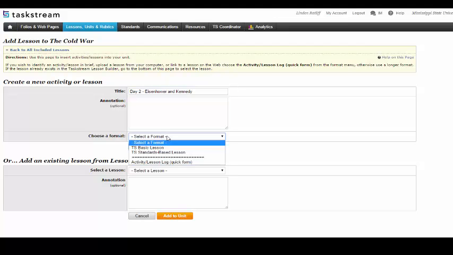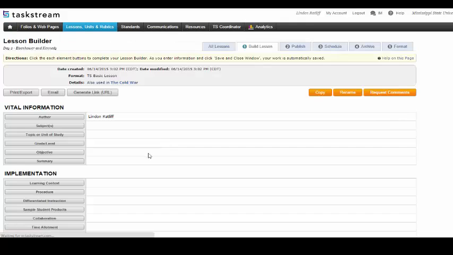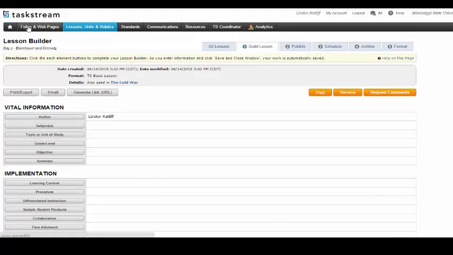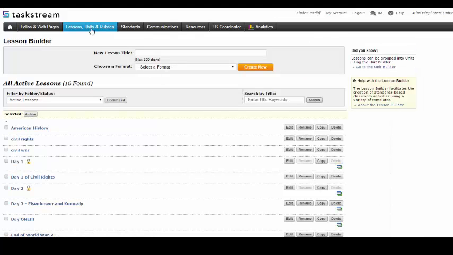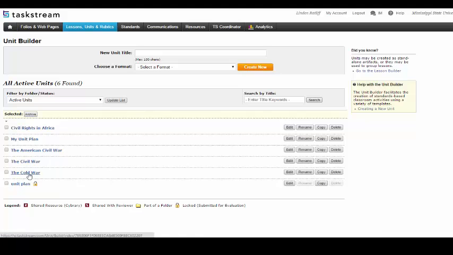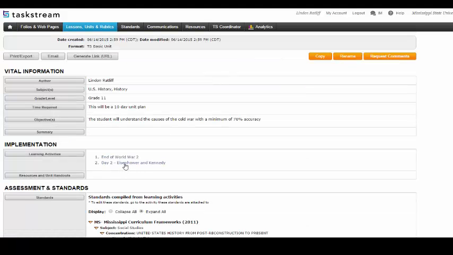And it's going to say select a format. I can do the basic lesson plan. And now watch this when I hit create lesson. This looks just like the lesson plan builder. In fact, I'm in the lesson plan builder right here. So that's how that works. So you can do either, really easy to do, and then you just go back to all lessons if you want to, and you can go back to the unit. So if you do the unit plan builder, I've got the Cold War here, and you'll notice that I've got day 2 here.